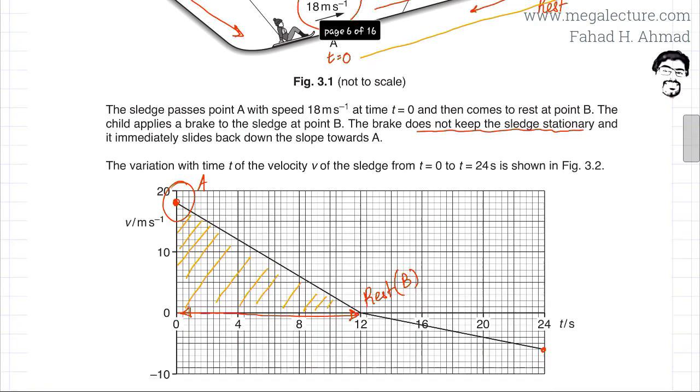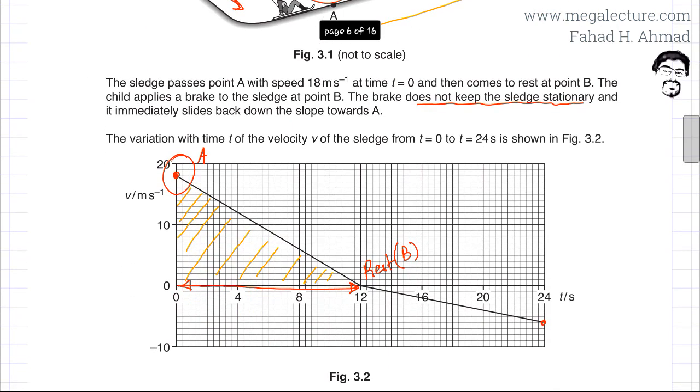So going back to my graph, the distance covered, because at B the sledge comes to rest. In the first 12 seconds, it would be the area under the graph, which is going to be half into velocity, which over here is 18 meters per second. So we're going to write the formula of the area of a triangle.